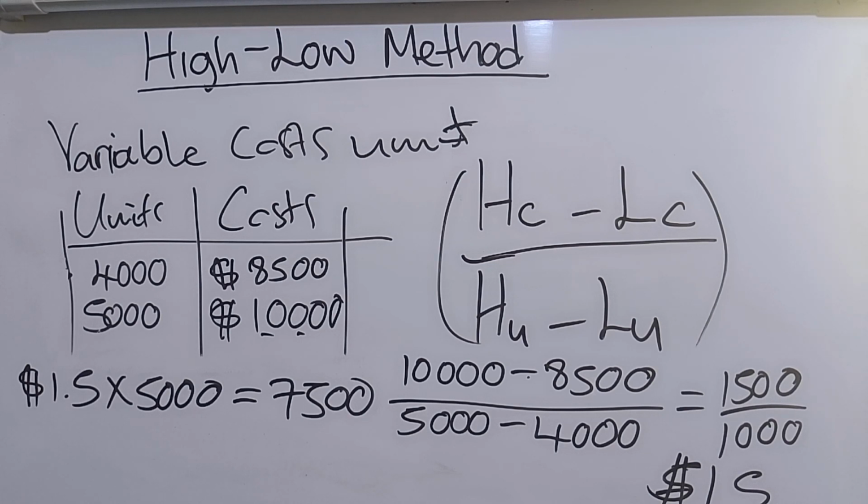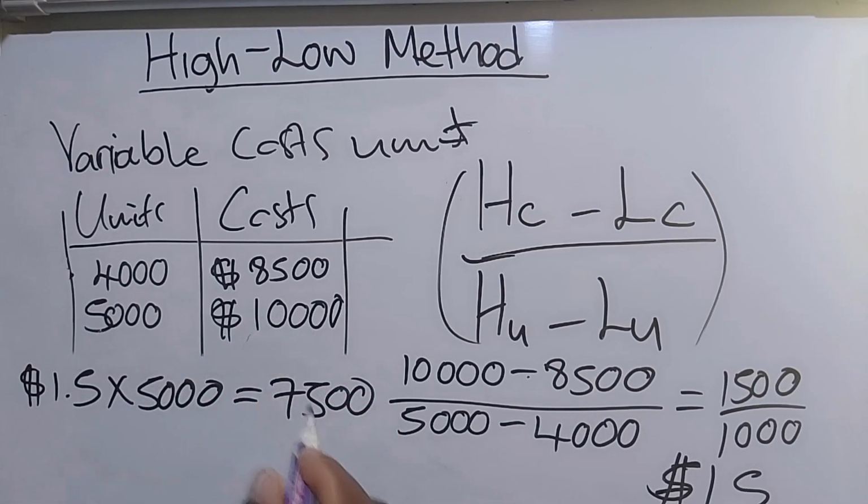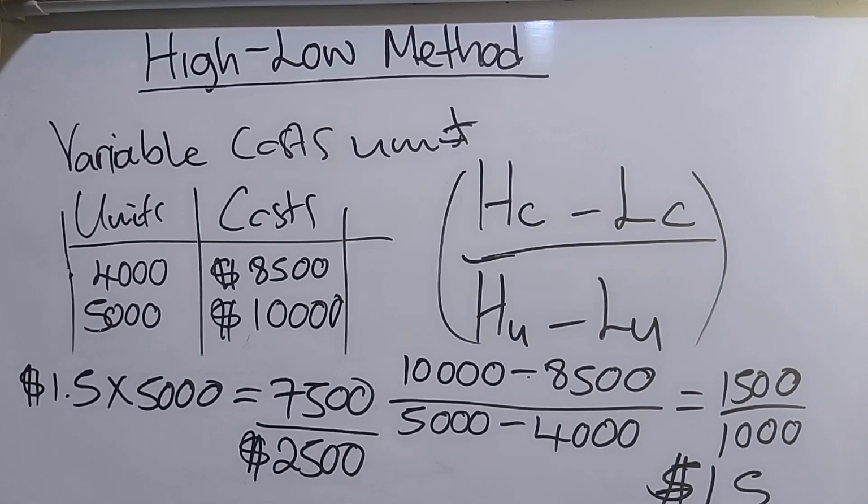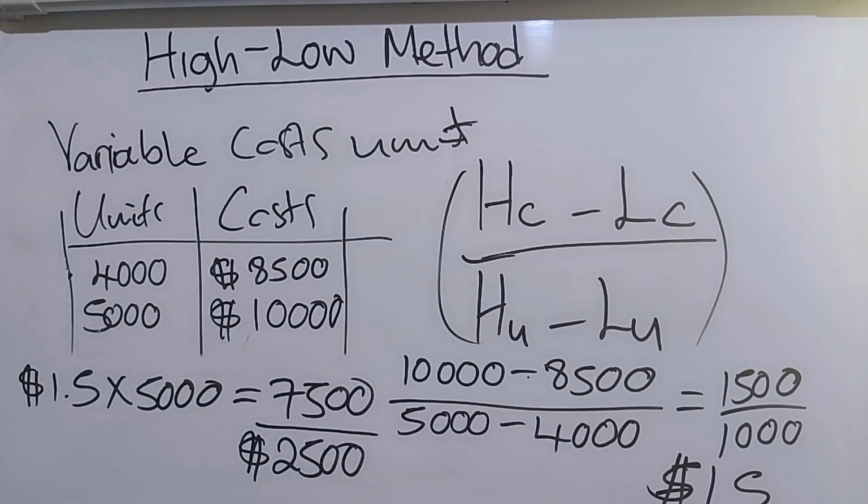Now we have to deduct variable costs to see how much our fixed costs are. So 10,000 minus 7,500, we remain with 2,500. So our fixed cost amount is still the same. Now we have just proven that our fixed costs remain 2,500.